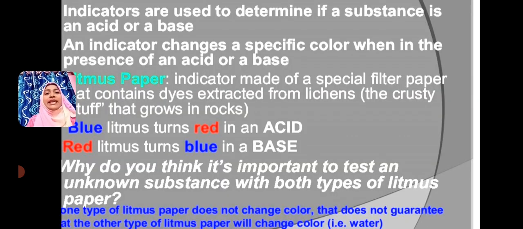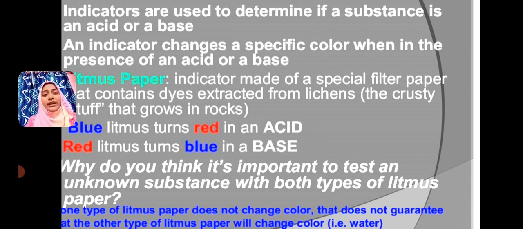Next, indicators. What do we mean by indicators? In our laboratory there are plenty of chemicals which are colorless in nature. Whether it is a strong or weak acid or base, it will look like plain watery color.